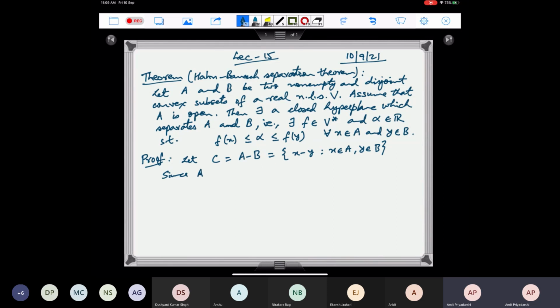Since A and B are convex sets, it is easy to show that C is also convex. You should try to prove this. This is very easy.